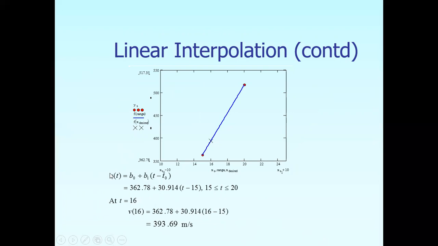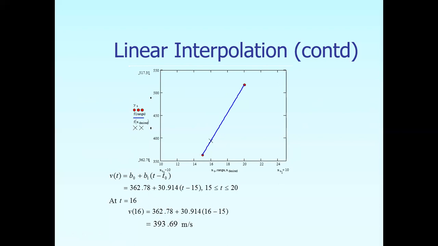Suppose we take t is 16. At t is equal to 16, v of 16 is equal to 362.78 plus 30.914.